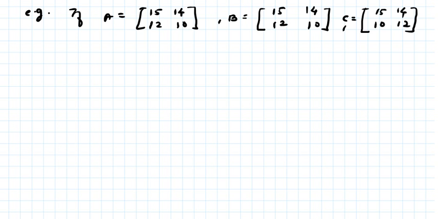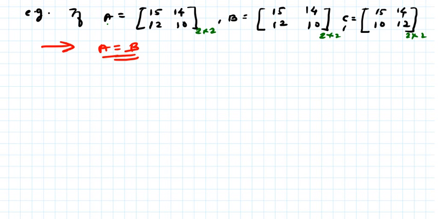Now if you observe, in this case the order of matrix A is 2 by 2, the order of matrix B is 2 by 2, and also the order of matrix C is 2 by 2. But for A and B, the order is 2 by 2 and also the corresponding elements are equal.